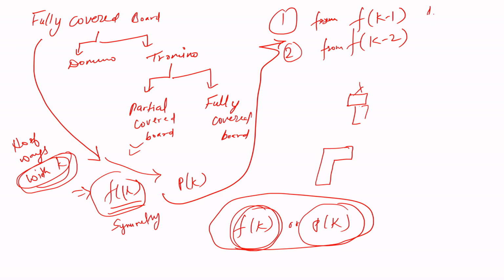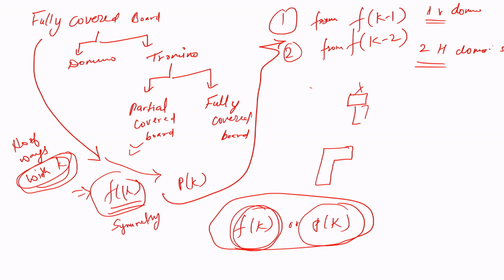Here I was adding one vertical domino, or here two horizontal dominoes, right? So for each tiling in a fully covered board with k minus 2, we are adding two horizontal, and for this one I am using one vertical.